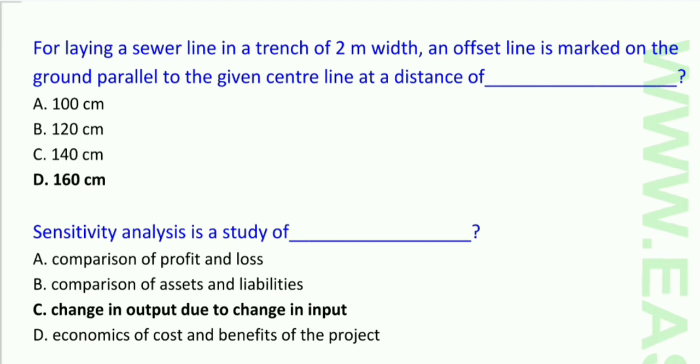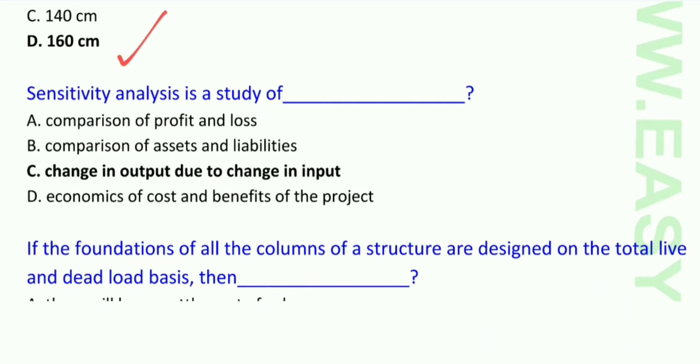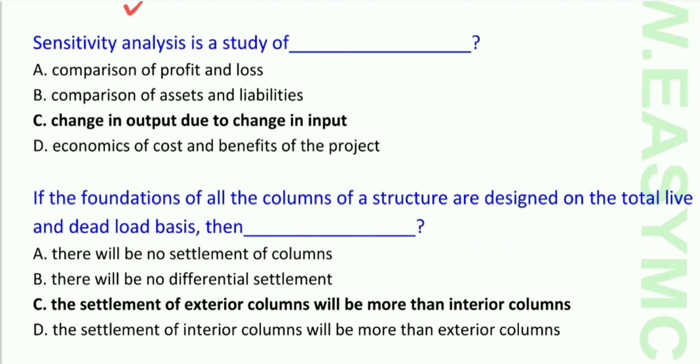For laying a sewer line in a trench of 2 meter width, an offset line is marked on the ground parallel to the given center line at a distance of 160 centimeter. D is right. Sensitivity analysis is a study of change in output due to change in input.